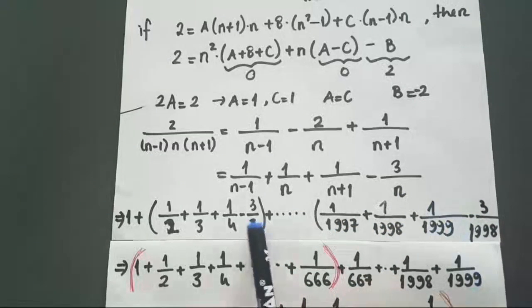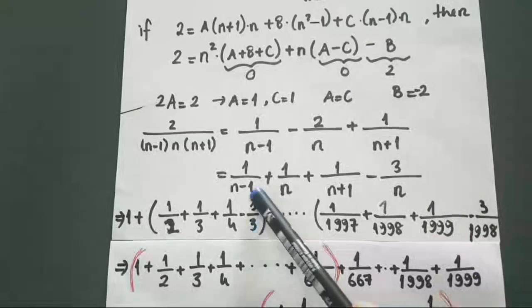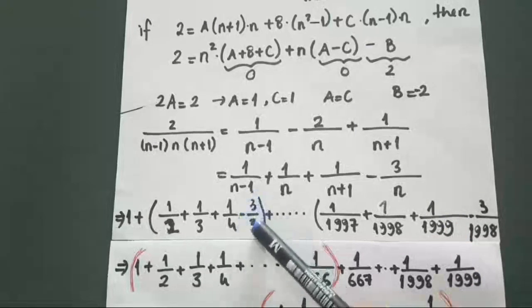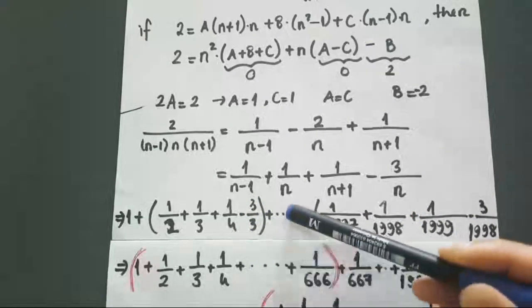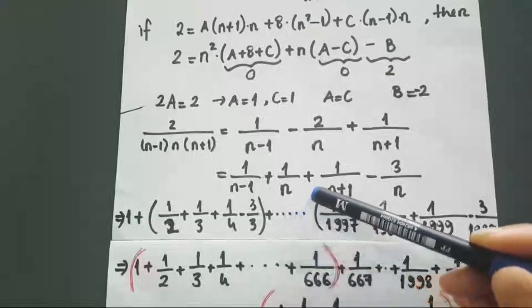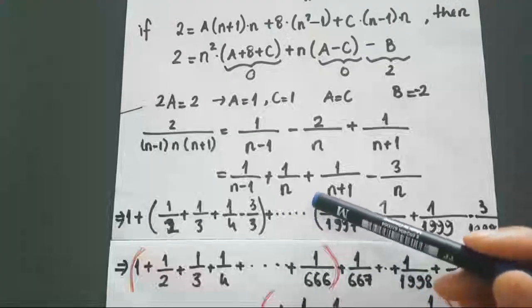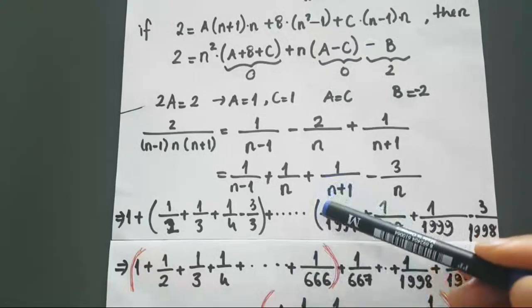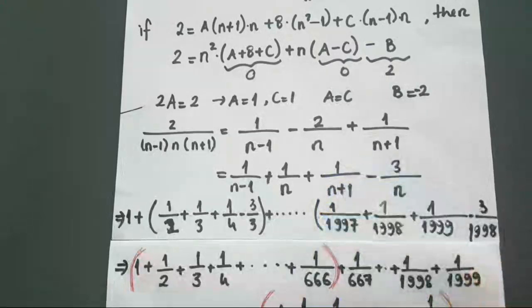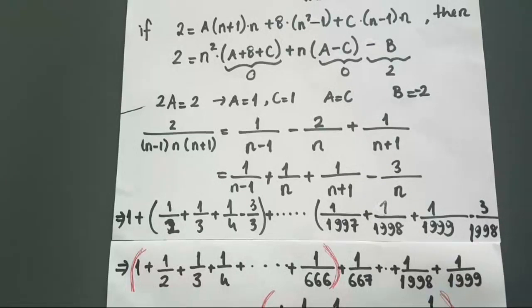What about the fourth terms from each group? Look at here, 3 over 3. From the first one I have minus 1. From the second one I will have minus 3 over 6, which is minus 1 over 2. From the next one I will have minus 3 over 9, which is minus 1 over 3, and so on until minus 1 over 666. We will have these terms in this sum.